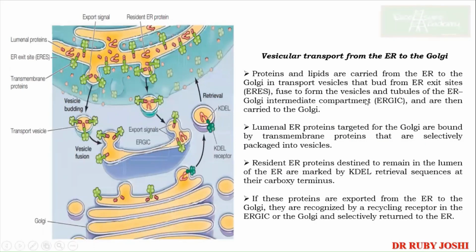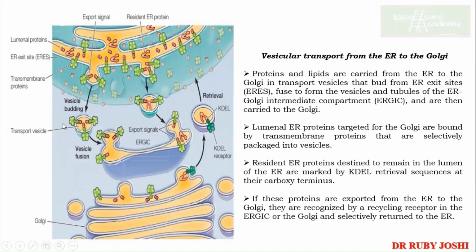This is the vesicular transport between the ER and Golgi, going from ER to Golgi. So what do we see here? Whether it is a protein or a lipid, it will first go from the ER to the Golgi, and only then it goes to its final destination. As we know, they have the ER exit sites, and from there your vesicle is formed.